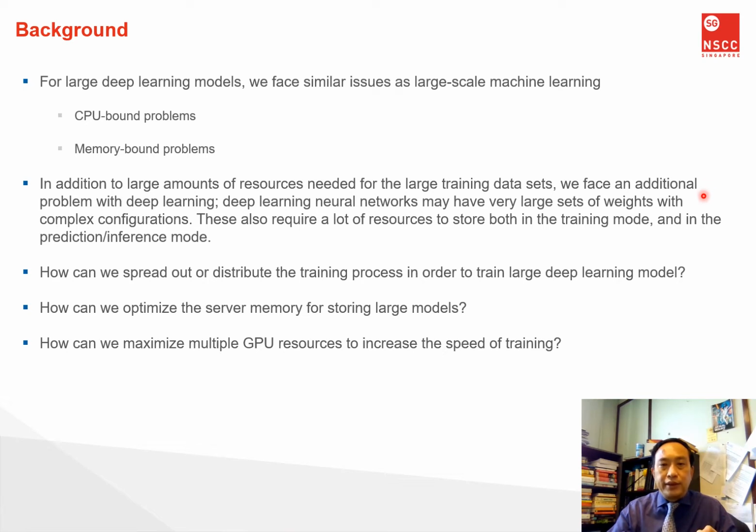But on top of that, in deep learning neural networks, the model size would also correspondingly be pretty large, because for deep learning, we are making use of what we call weights that are attached to the neurons, and these weights, typically the total size of the number of weights is in the order of the same size as the training data set itself, because it has a tremendous learning capacity, but this learning capacity comes at the complexity of the weight architecture.